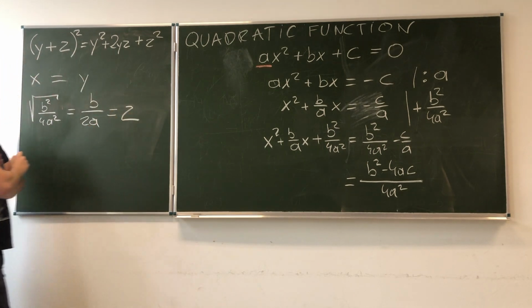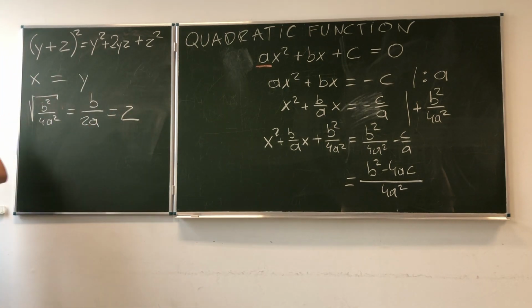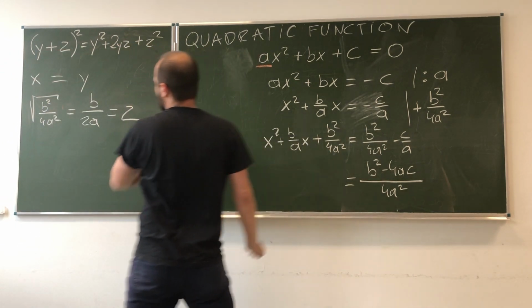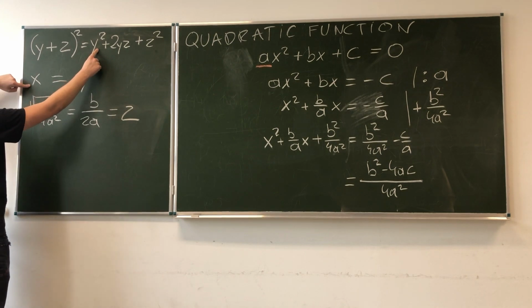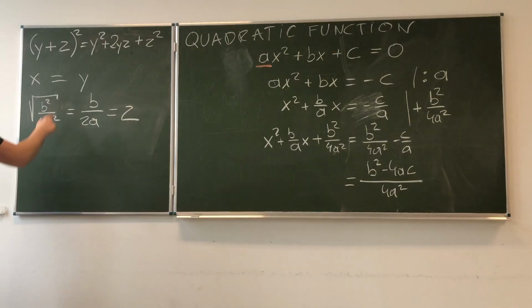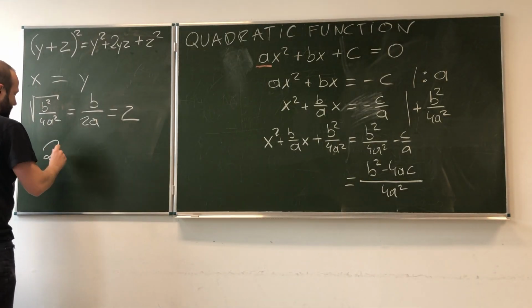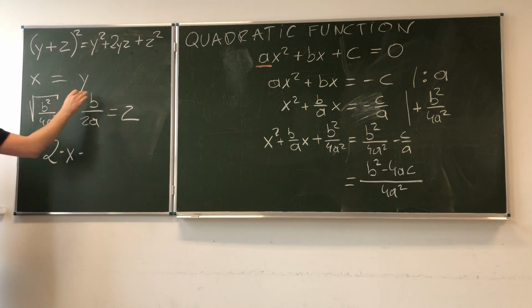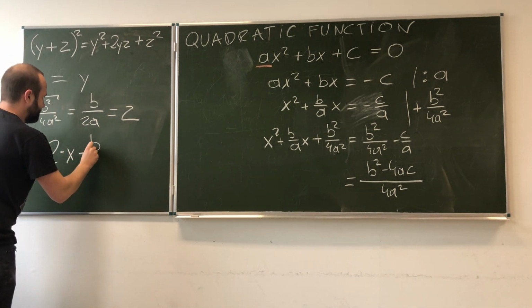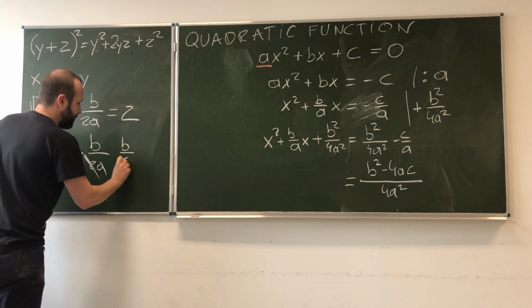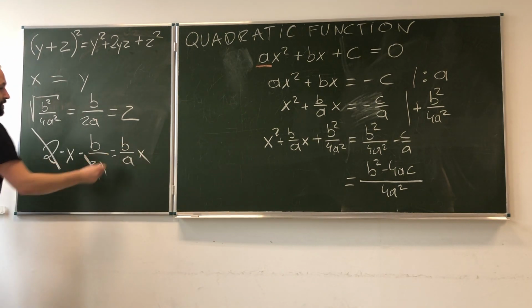z. Now, finally, so we see that here we've got z squared, here we've got x squared. Now we want to have 2yz. And look, if I'm going to take 2, multiply it by y, which is x, and then by z, I'm going to obtain b over a x.